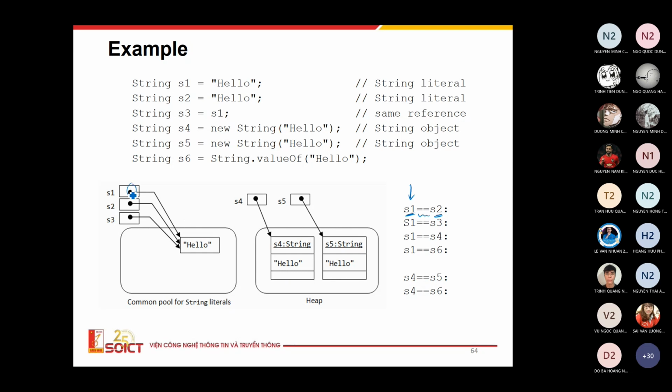You see they refer to the same object. So the result here is true. Okay. Again, for S1 and S3 it is true. S1 here and S4 here refer to two different objects. So it is false. Okay.